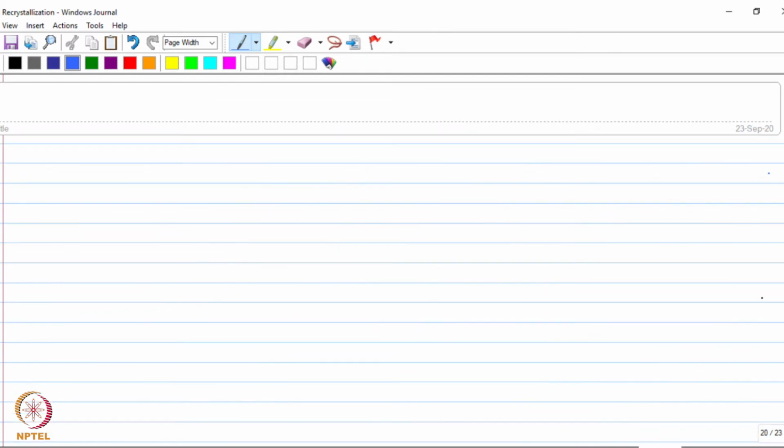And in terms of the dislocation mechanism, if you look at how exactly that happens, the grain boundaries act as obstacles to dislocation motion. Which means if you have more grain boundaries, there will be more obstacles to the motion of dislocations and the strength will increase.